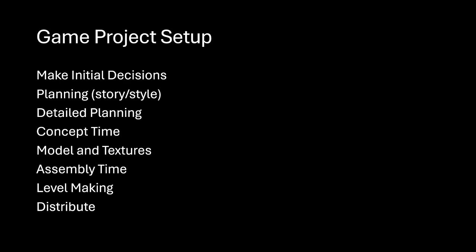This is where you plan your story and the game style, or how it will be played. Next one is detailed planning. This is where you plan the game in a detailed way, such as defining the game concept clearly to articulate the core idea and the gameplay mechanics of the game. Next one is to create the game design document, or GDD.